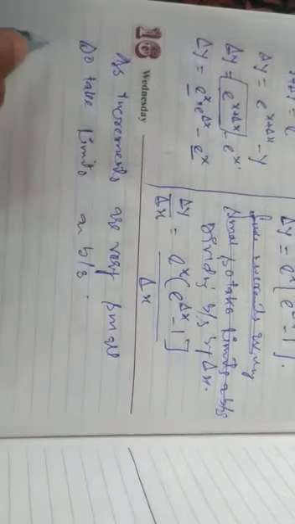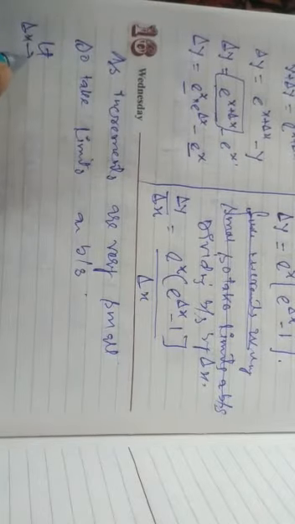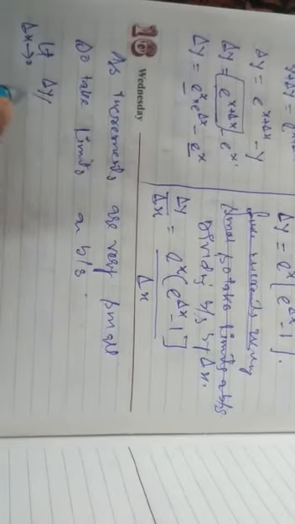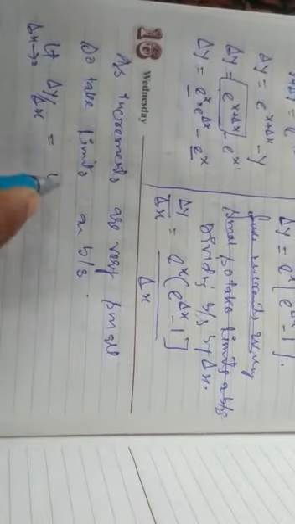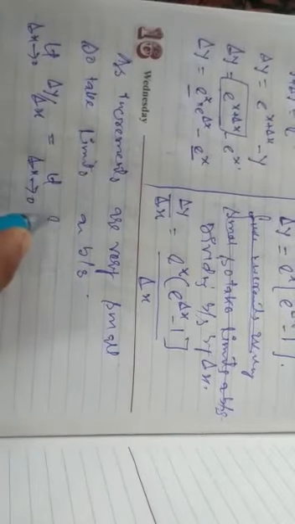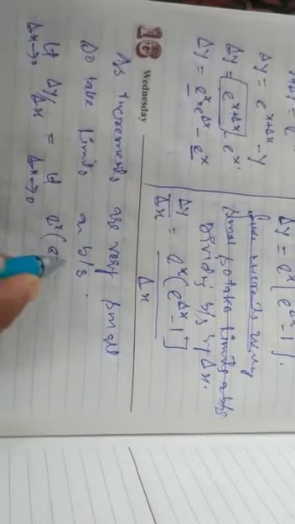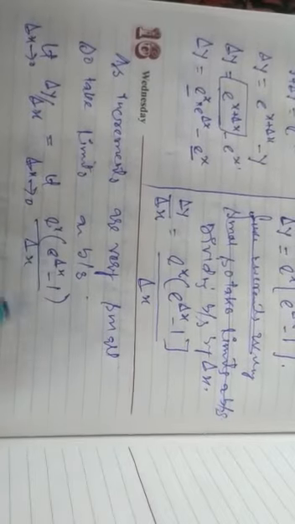So once we take limits on both sides, what will it become? It will be the limit of delta x tends to 0 of e raised to the power x into e raised to the power delta x minus 1 by delta x.